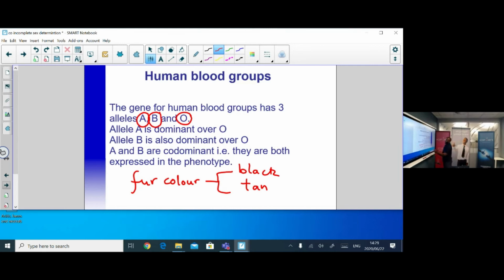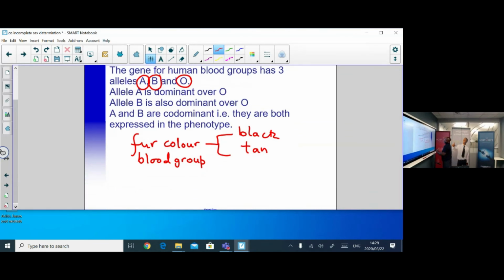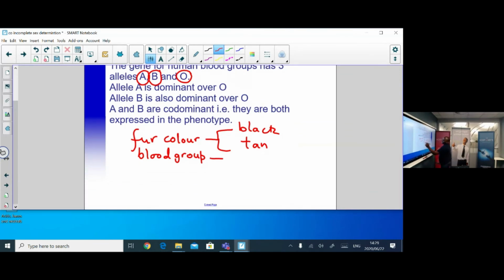But in this one, we have blood group, and we do not just have two groups. What do we have? On these blood groups, we have A, we have B, we have O. But it's the same gene that determines the blood group.